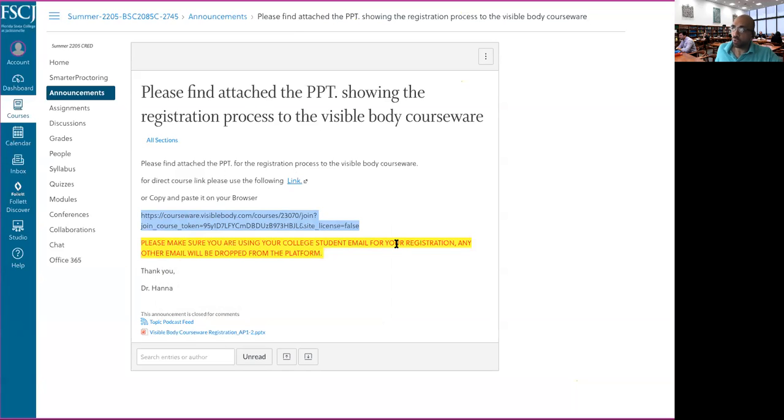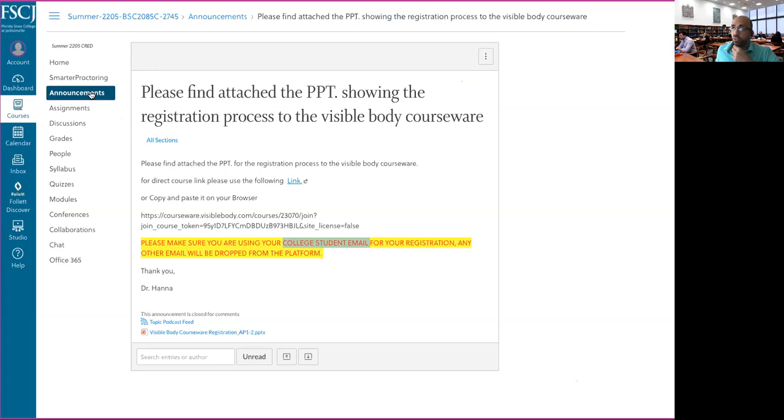Again, make sure you are using your college student email address to register, because this is the only way I can identify who gets enrolled in this course. Without your college email, I will not be able to verify your identity. So please make sure that you are using your college student email address to register for Visible Body.